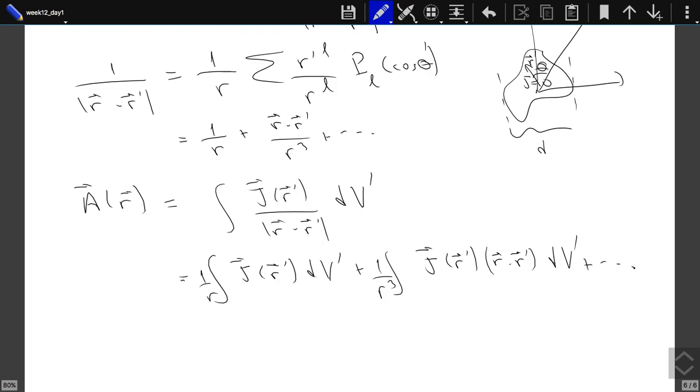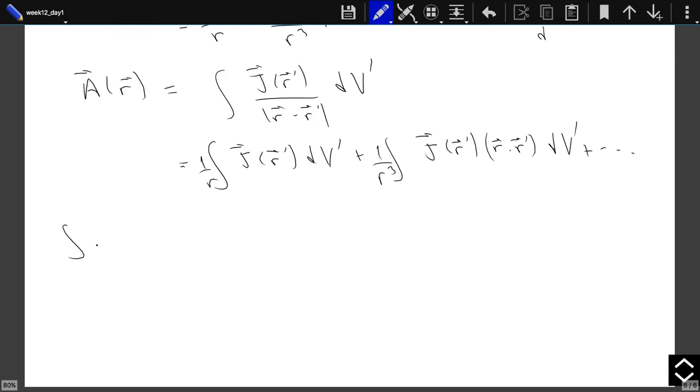Now let's look at the first term. Let me look at j_i of r prime dv prime. I'm just taking the i component of this first integral. That is my magnetic monopole term in my multipole expansion.